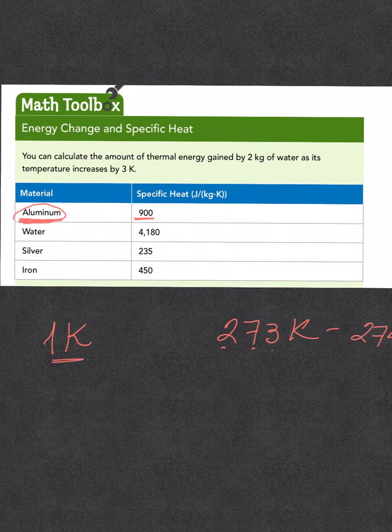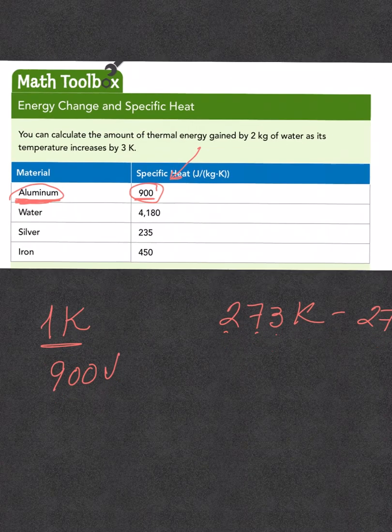The difference is 1 Kelvin. If you want to do that for aluminum, you have to input in the system 900 joules. That's the information that you're receiving from the specific heat. The amount of joules you have to input or remove in order to increase or decrease the temperature by 1 degree of that substance. And I'm going to write that down.